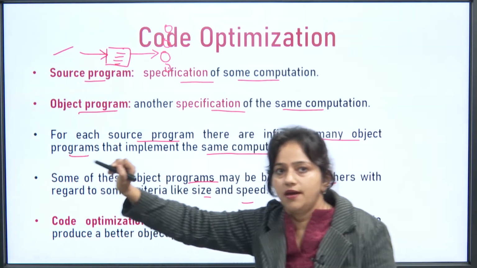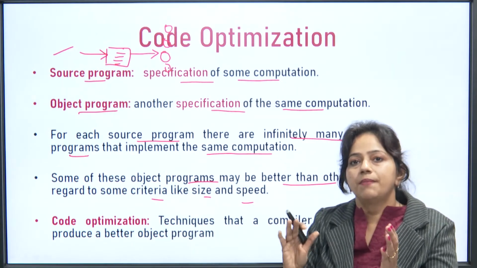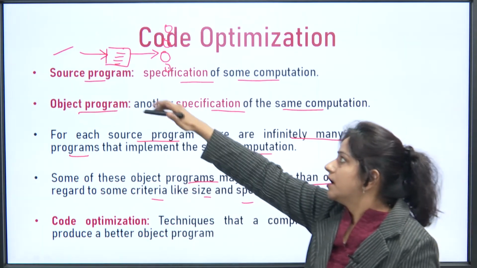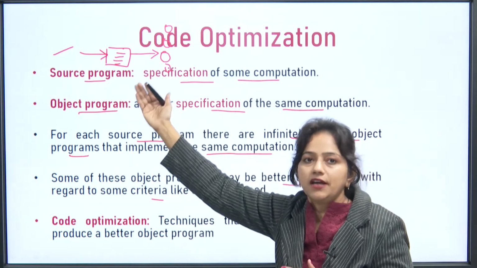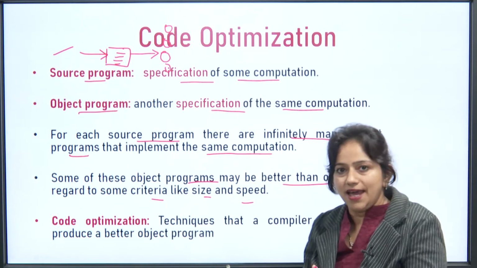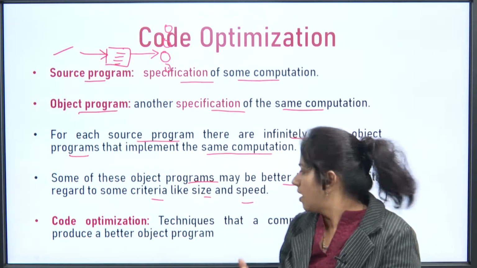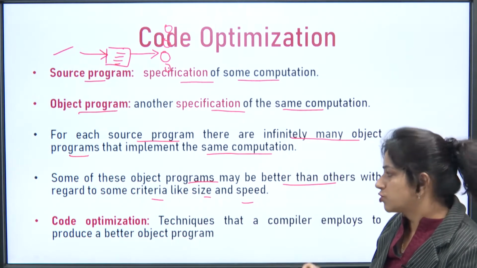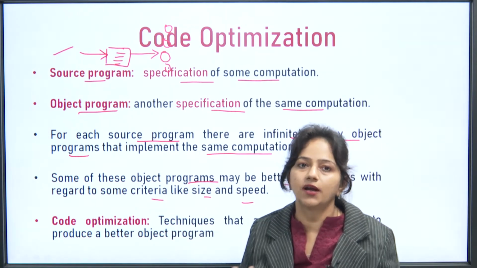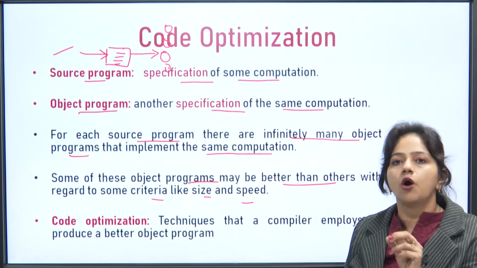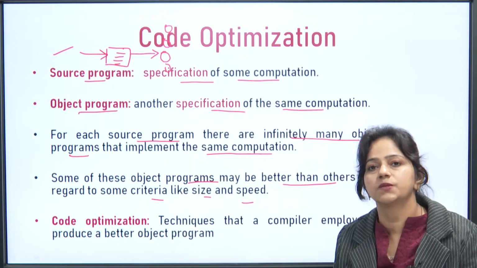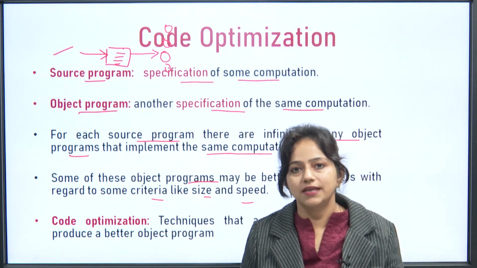So, our objective is to get a better code. For that, we perform some translations and some improvement in the code so that the resultant code is improved in size or in speed. Actually we do code improvement, but the term we use is code optimization, because if we are reducing the size and increasing the speed, we can say we have optimized our code.